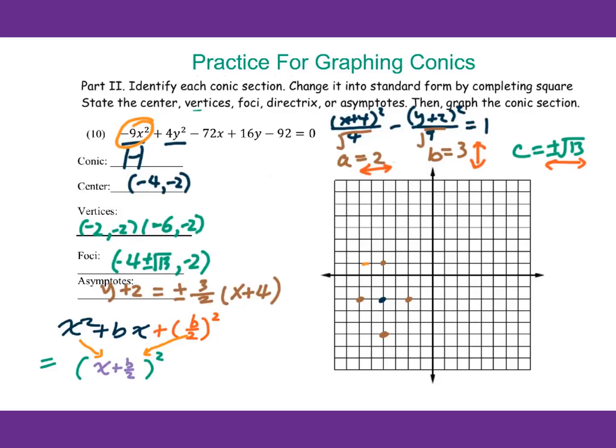Then you need to draw a box. Then draw the diagonal lines. Those will be the asymptote lines.